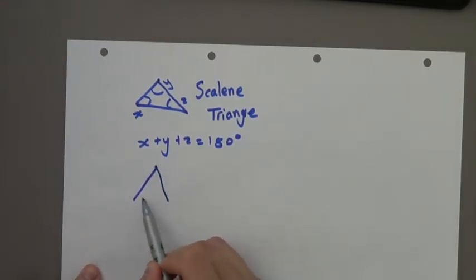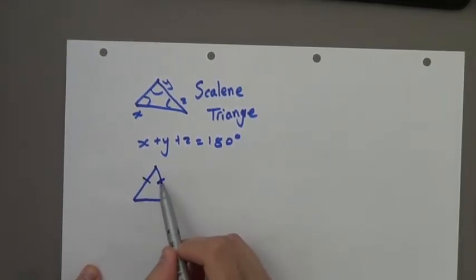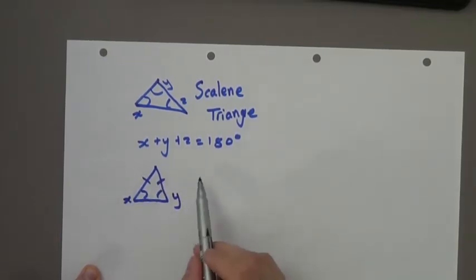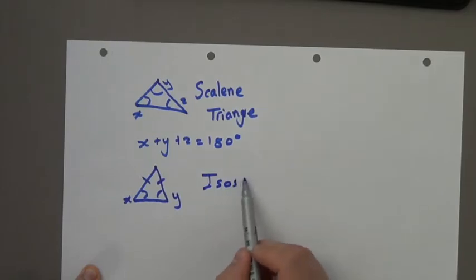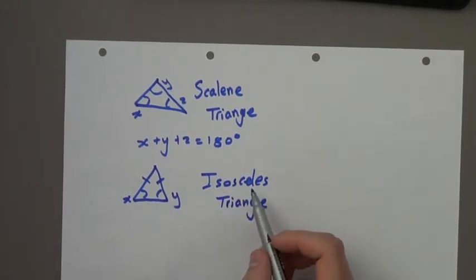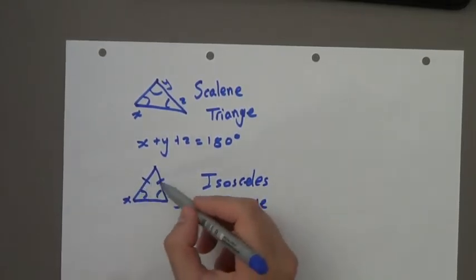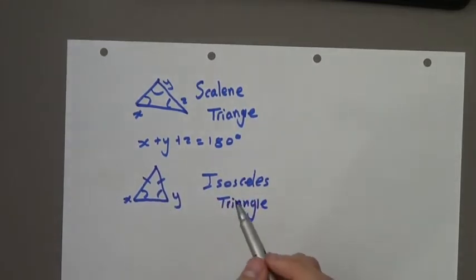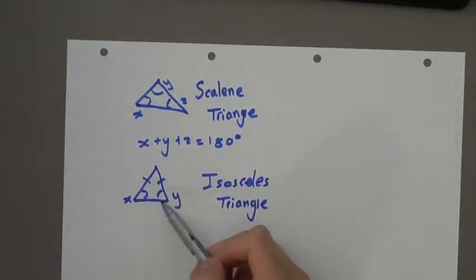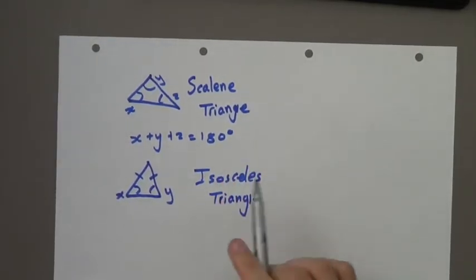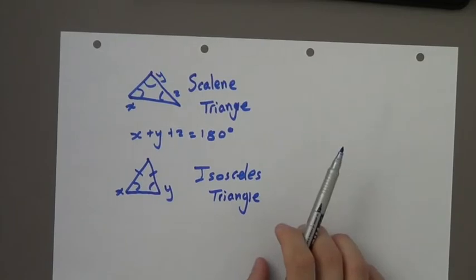Next type of triangle to define, okay, these two lines are parallel, it's x and y. This is an isosceles triangle. An isosceles triangle is basically with two lines the same length, and one line not the same length, and generally these two angles are the same as well, if you look at it according to symmetry.